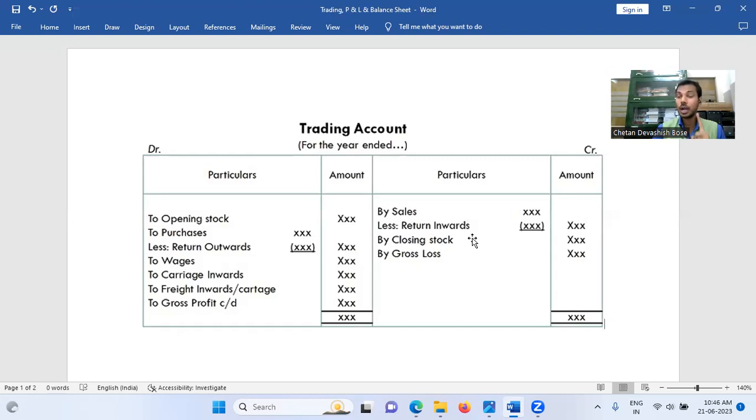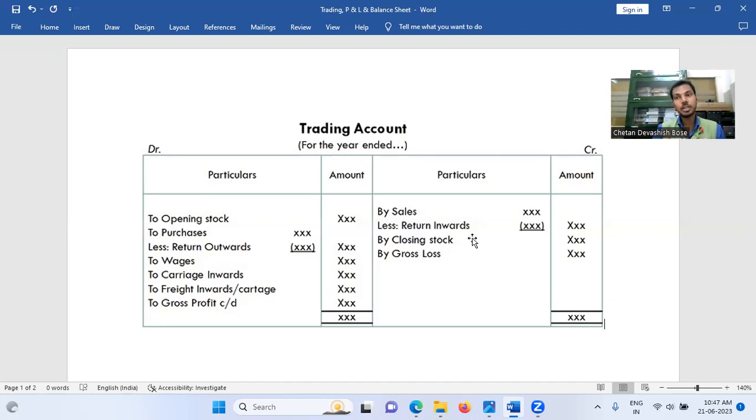And that is why, while posting any entry in the trading account, you have to remember one basic thing. It follows the nominal accounting rule. It doesn't mean that it is a nominal account. So at the credit side, you would see direct income, which is in the form of sales. And closing stock is not an income, but it is also not an expense, which ideally should have been reduced from the opening stock or else from the purchases.